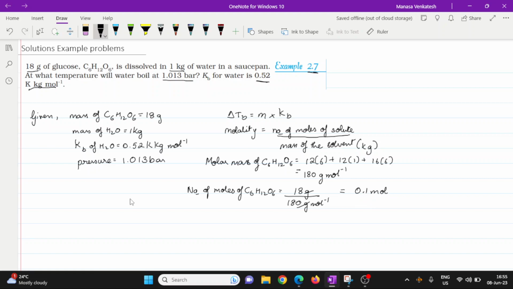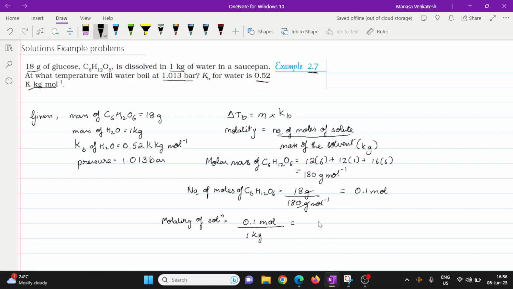From here we're able to calculate the molality. So molality of the solution will be equal to number of moles of the solute, 0.1 moles, divided by mass of the solvent in kilograms, 1 kg.